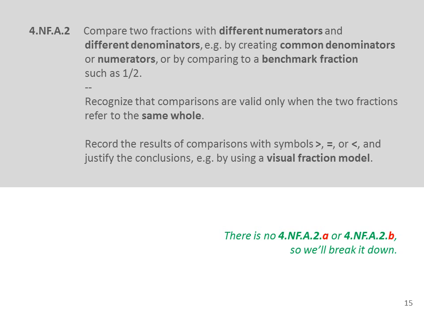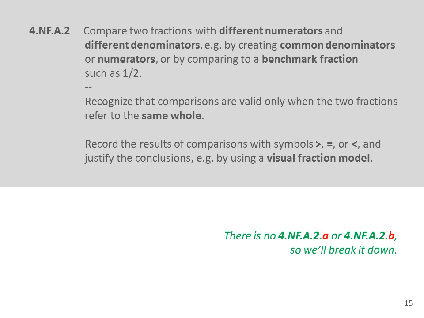The next standard, 4.NF.A.2, asks us to compare two fractions with different numerators and different denominators, for example, by creating common denominators or common numerators, or by comparing to a benchmark fraction such as 1/2. Recognize that comparisons are valid only when the two fractions refer to the same whole.